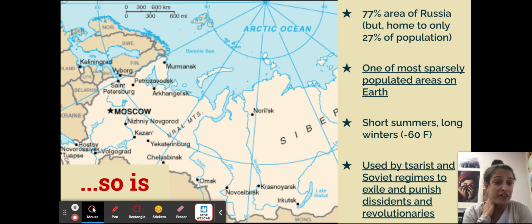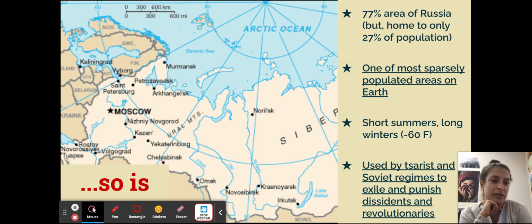Well, the summers are very short and the winter gets down to about negative 60 degrees. Now, you all who grew up in California have no sense of how cold winter is. And that is colder than I experienced ever growing up on the East Coast. The coldest it would get on the East Coast would be like maybe 10 degrees. This is negative 60.